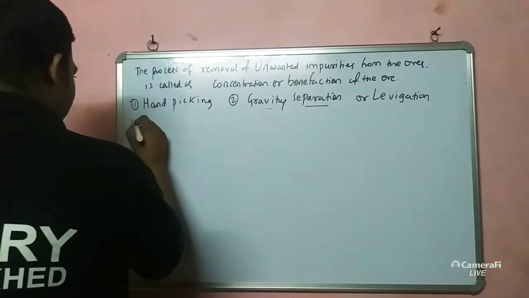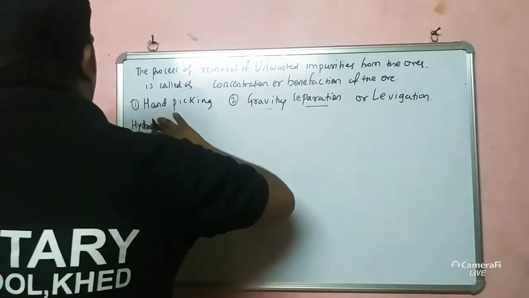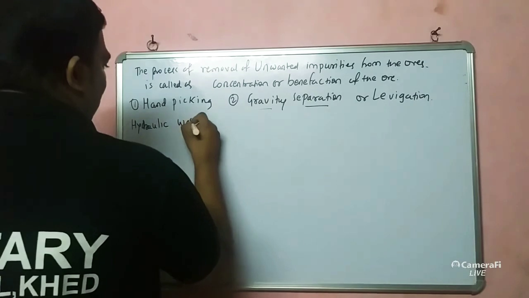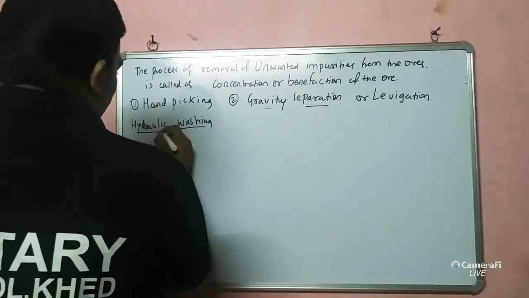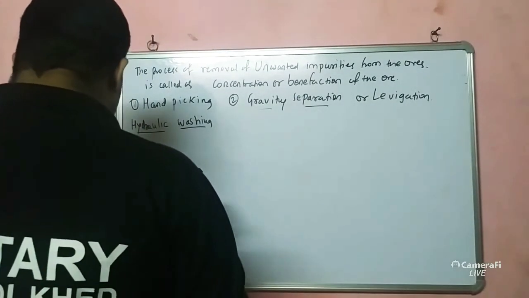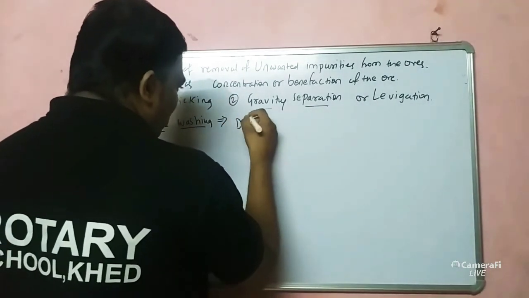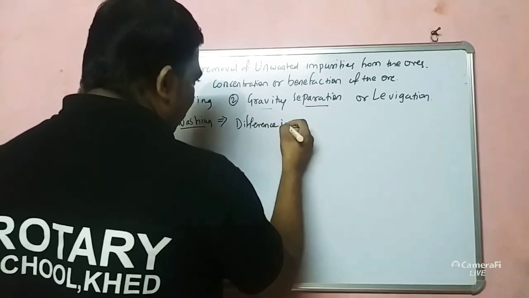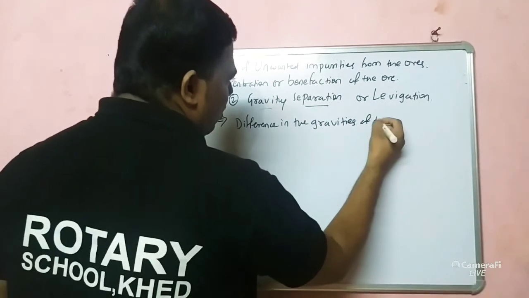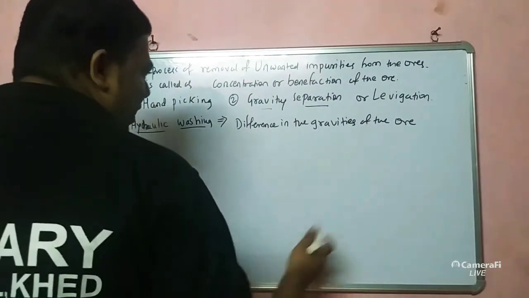So see here, hydraulic washing. ठीक आहे. बरं, आता हायड्रॉलिक वॉशिंग मध्ये बघा काय होतंय. दिस इज बेस्ड ऑन द डिफरन्स इन ग्रॅव्हिटीज ऑफ द ओर. दिस इज बेस्ड ऑन व्हॉट, इट इज बेस्ड ऑन difference in the gravity of the ore, ठीक है, and the gangue particles.